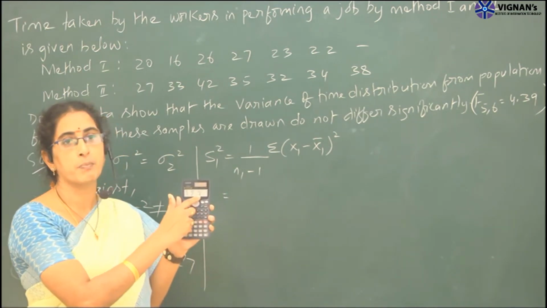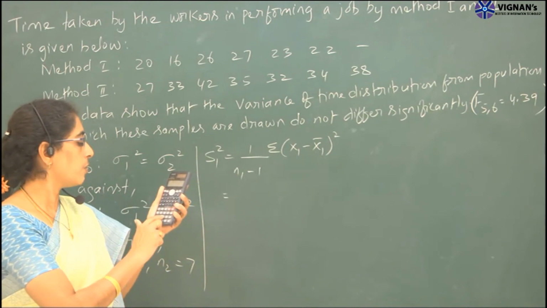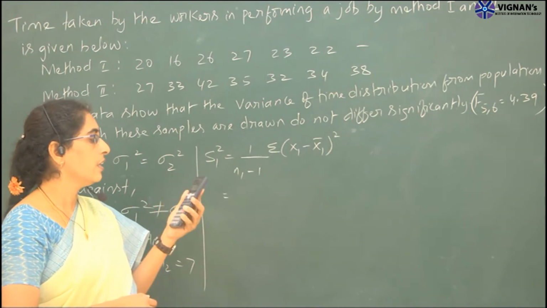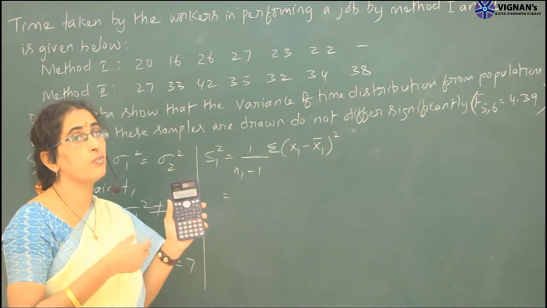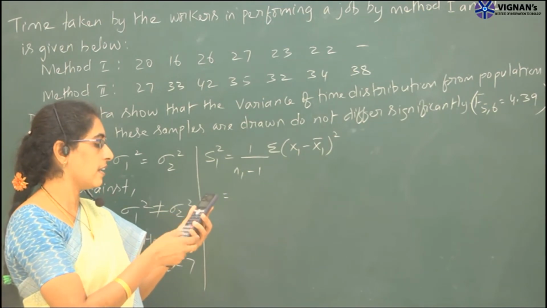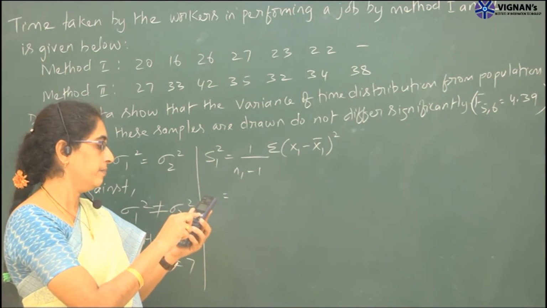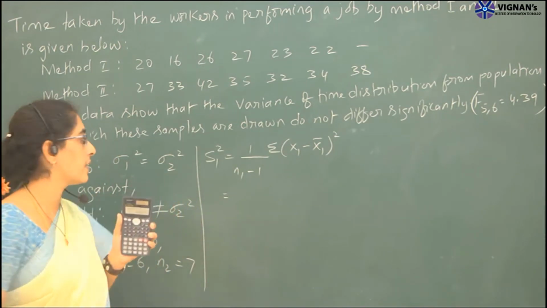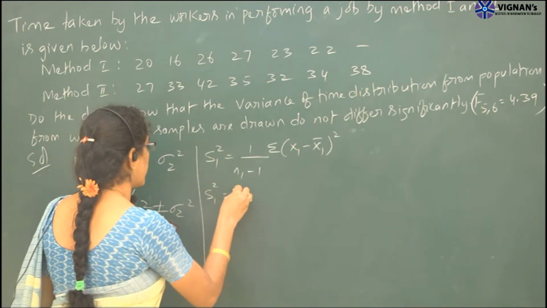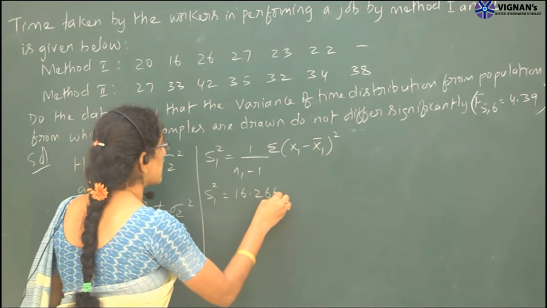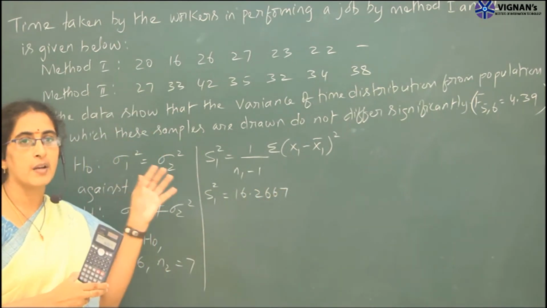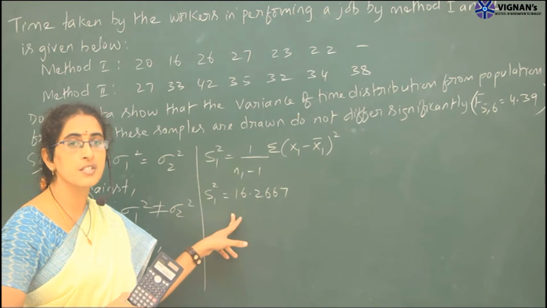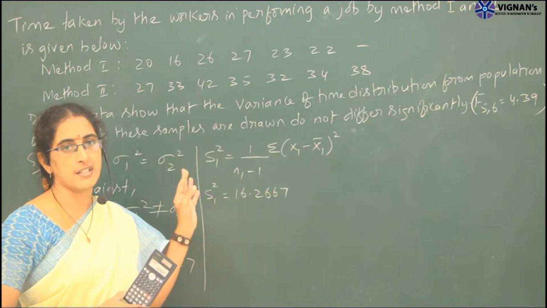The third option represents the capital S. So press the third option and equal to; here you get capital S, but we want the square of that, so press the square. So it is 16.2667. So capital S1 square is 16.2667. Directly when the observations are given, we can use the calci to obtain capital S1 square.